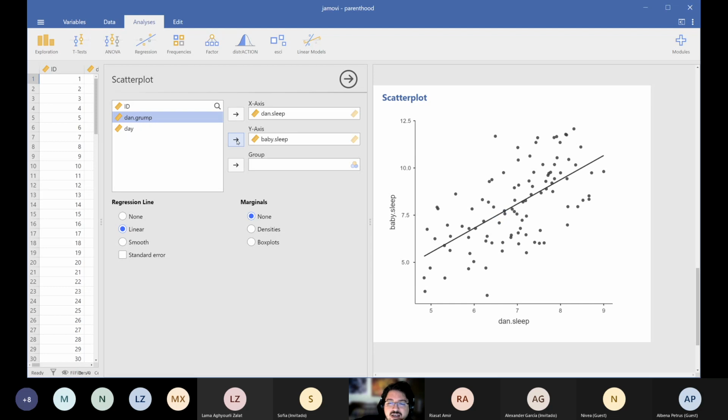All right. So that might be a problem, that Dan sleep and baby sleep correlate, because we want them to be explanatory variables.